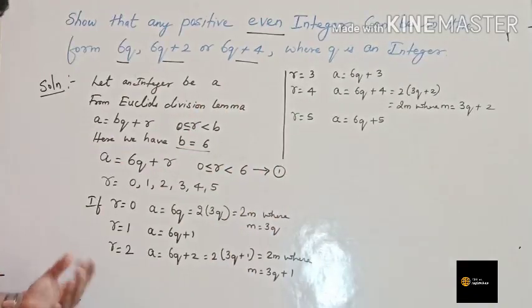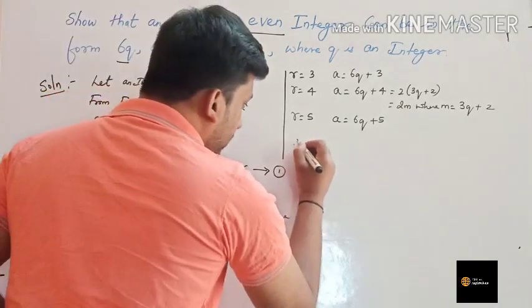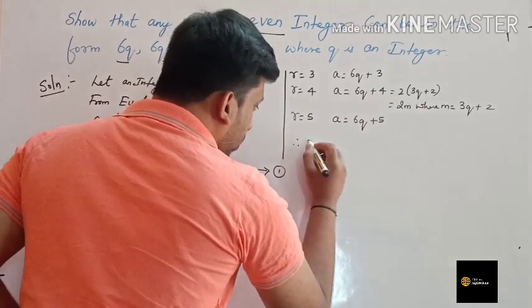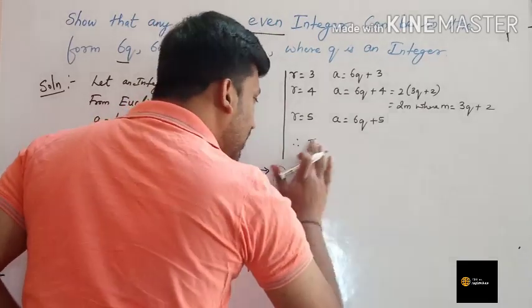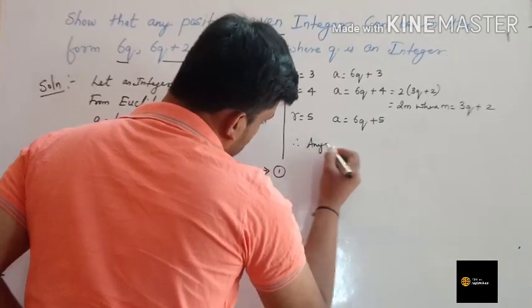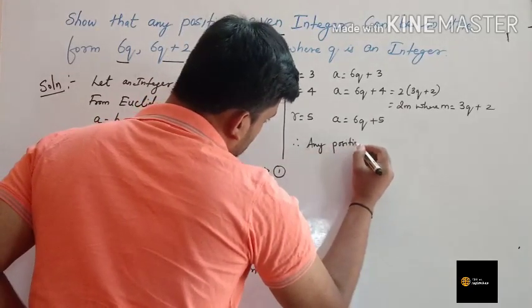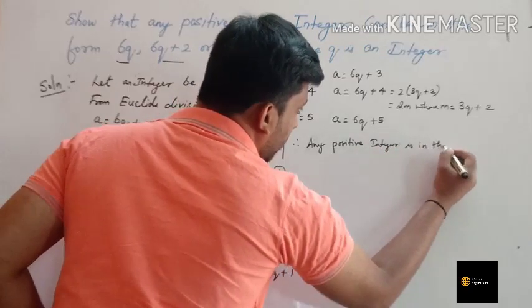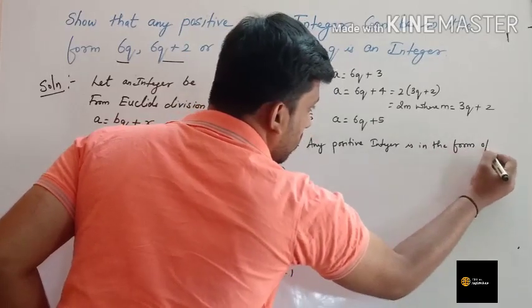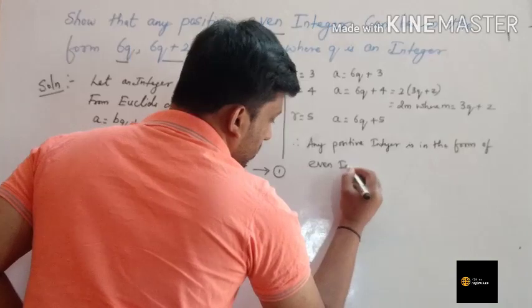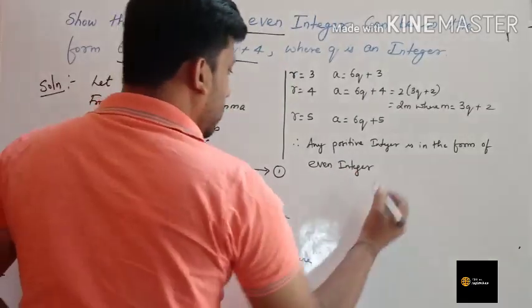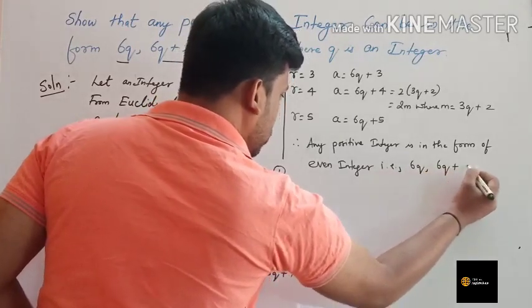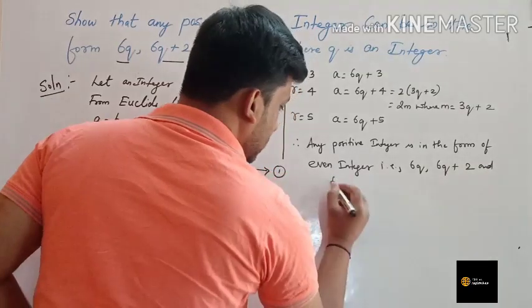So by looking at this, we can confirm that therefore any positive even integer is in the form of 6q, 6q plus 2 and 6q plus 4.